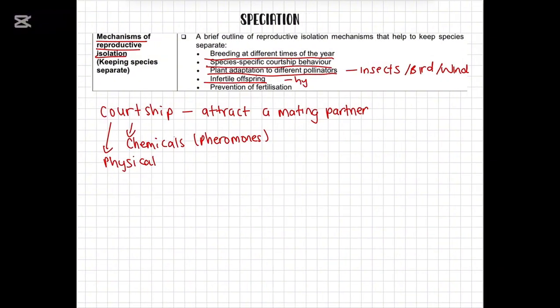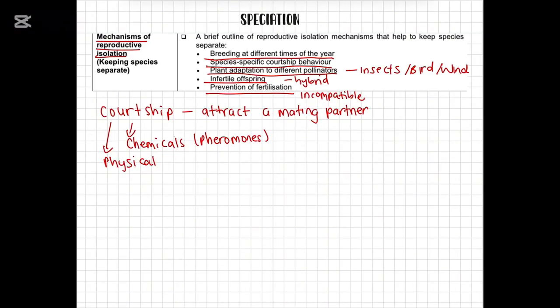Infertile offspring are naturally born infertile, which acts as a barrier for reproduction. With prevention of fertilization, there are things that normally prevent fertilization from taking place, for example differing reproductive organs. The takeaway here is that these mechanisms are not geographic.